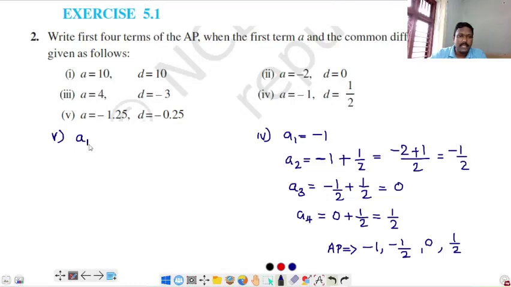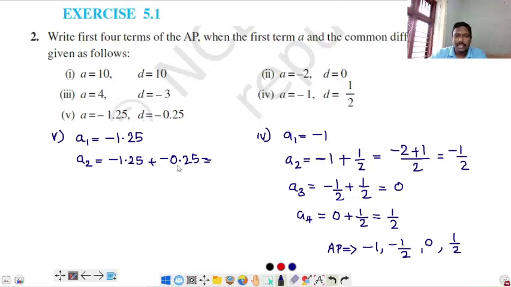So we can write A1 is equal to minus 1.25. Now D is equal to minus 0.25. So we can find A2. A2 is equal to minus 1.25 plus minus 0.25. See, you have to add these two. While adding these two, what do you get?